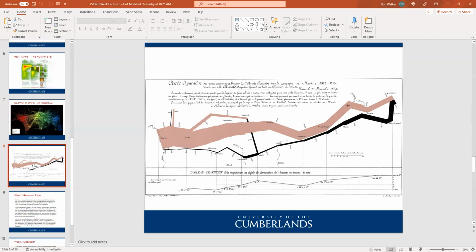This graph is back to 1869, drawn by a professor, I think it's Menard. Anyway, it's a map of Napoleon's campaign into Russia, jumping off from, I don't remember what river.